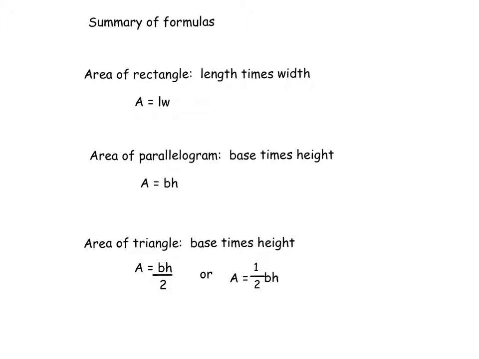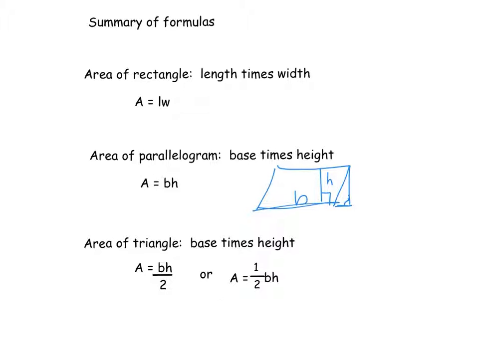So lastly, I just want to review the formulas that we have used so far. Area of a rectangle is length times width. Area of a parallelogram is similar to that, except it's slanted, so we have to use the base and the perpendicular distance between them, so it can either be on the outside or the inside, so that's my height.